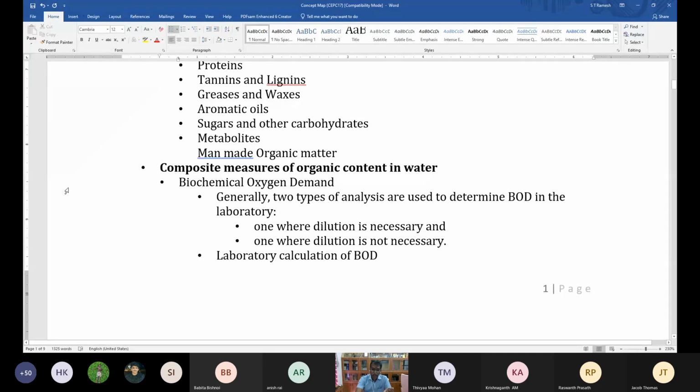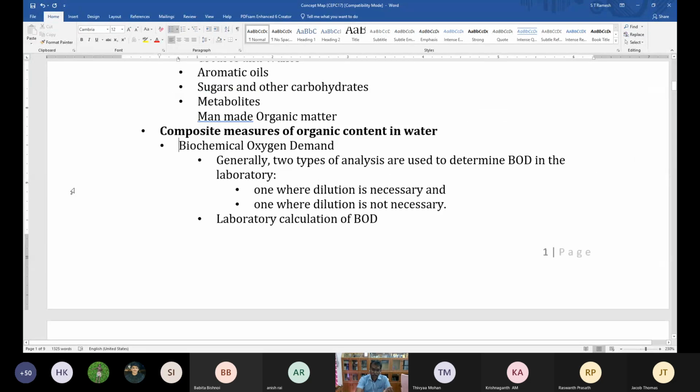So normally, you can have two different methods. One is you can estimate through biochemical oxygen demand. This BOD you would have come across in UG first year chemistry. Okay, you just estimate the BOD of the sample. It's very simple. Normally, these organic contents are degraded by the presence of microorganisms.